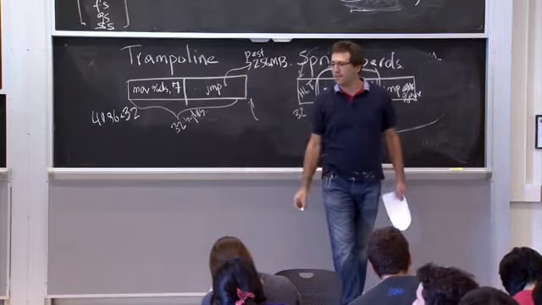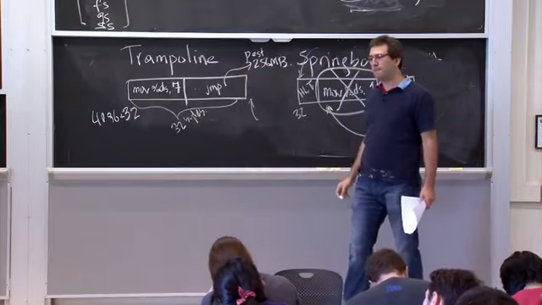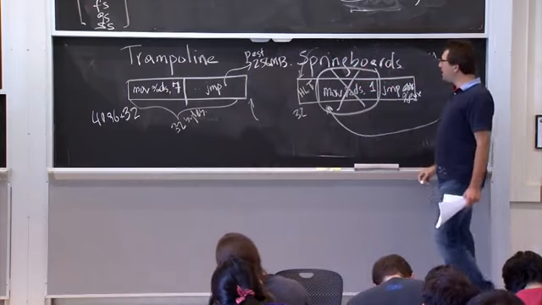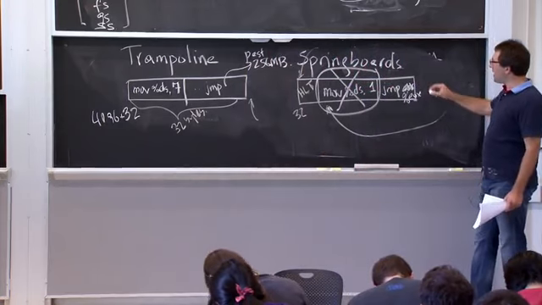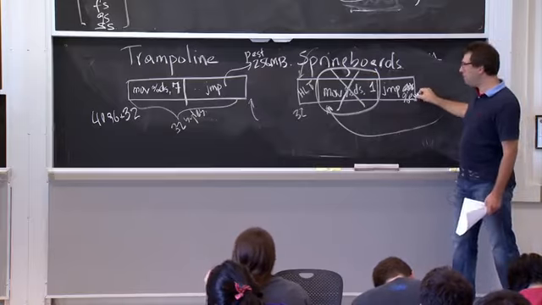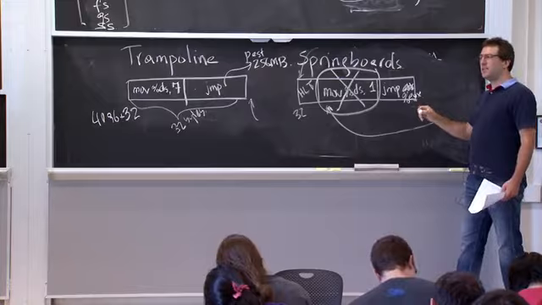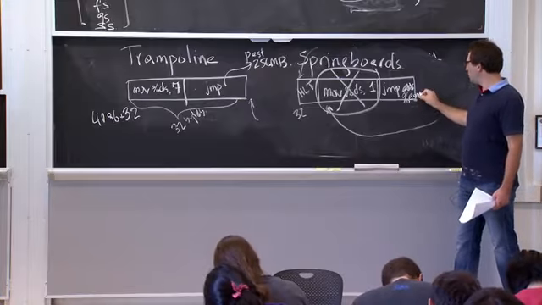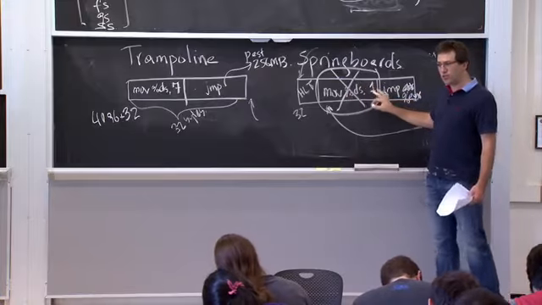Now, yeah, question? Can you put the springboard past 256 megabytes? So I think they don't want to put the springboard past the 256 megs, because then you might have trouble jumping down. So you want to jump to a particular address, but you also want to set some extra registers here.